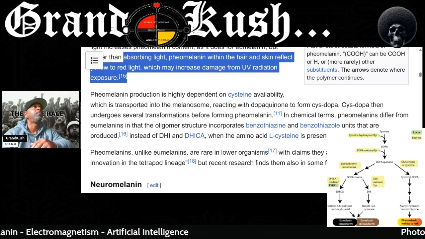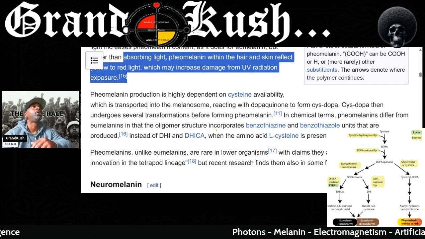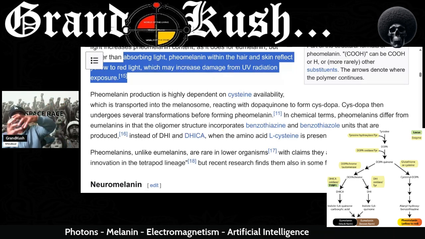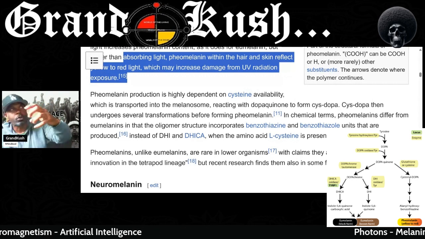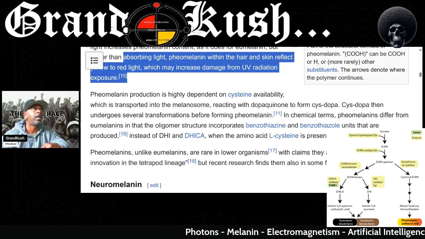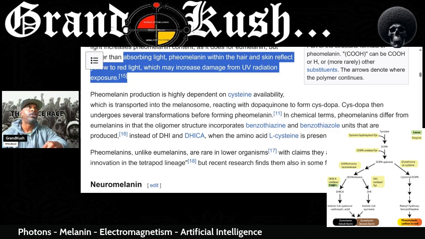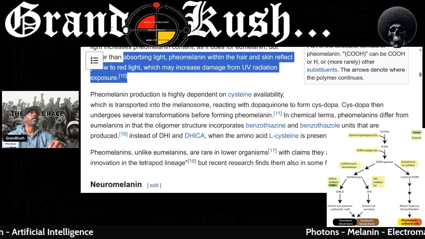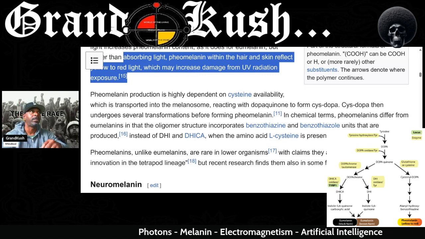Pheomelanin is different from eumelanin in that the oligomer structure, I would assume that's how the cellular structure looks when the eumelanin and pheomelanin molecules are bonded together to form these polymer chains, right? I assume, I can look that up. It incorporates benzothiazine and benzothiazole units that are produced instead of DHI and DHICA when the amino acid L-cysteine is present.